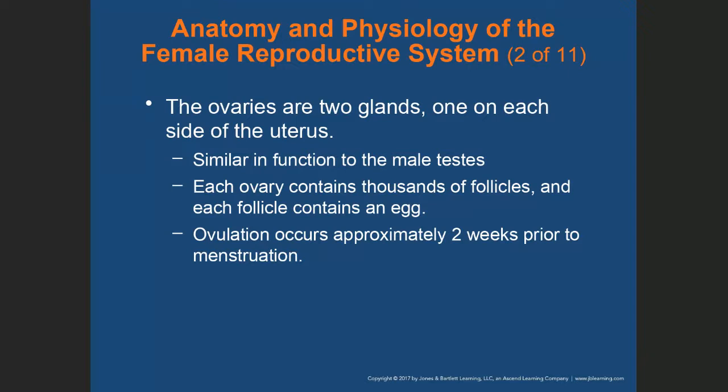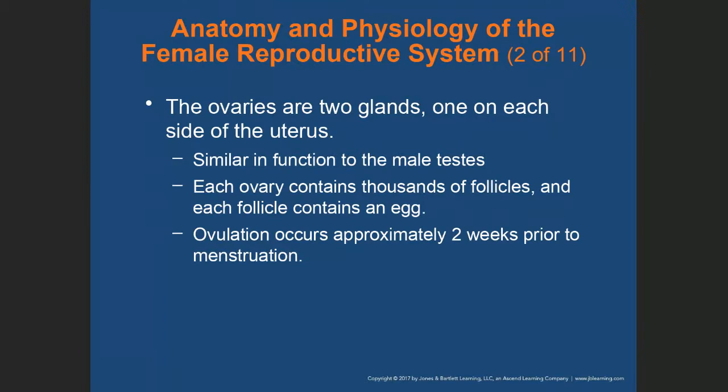Each ovary contains thousands of follicles, actually 200,000 follicles, and each follicle contains an egg. So a female is born with all the eggs that she will need in her entire life.